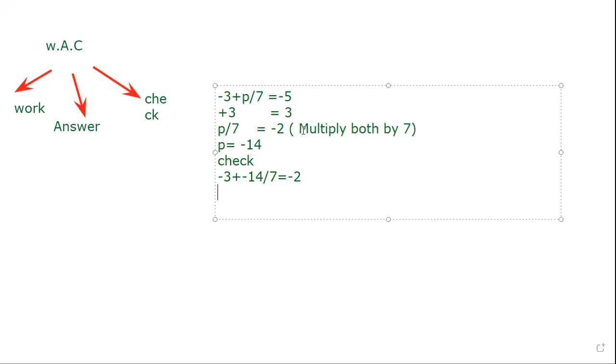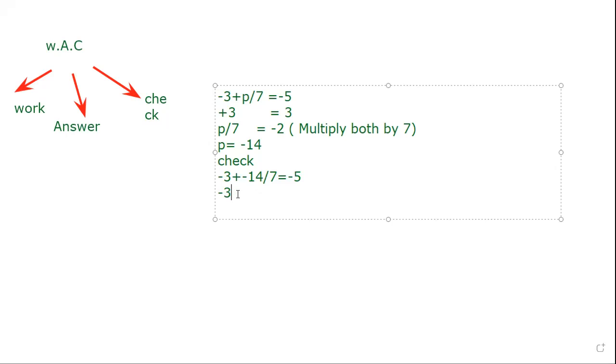We want to evaluate the left-hand side. According to the order of operations, we will start with division first and then addition. I'm going to keep negative 3 the same, and then negative 14 divided by 7 equal how many?